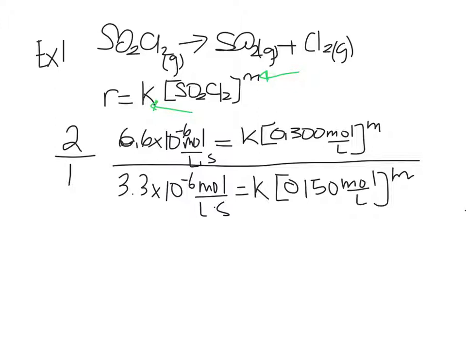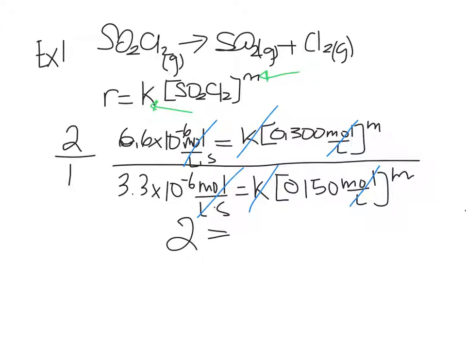Now we cancel what is similar on the top and the bottom. So moles per liter per second on the top and the bottom, gone. K, top and bottom, gone. Mole per liter, just the same exponent M, gone. So that leaves us with our numerical values. So 6.6 times 10 to the negative 6 divided by 3.3 times 10 to the negative 6, that is 2.